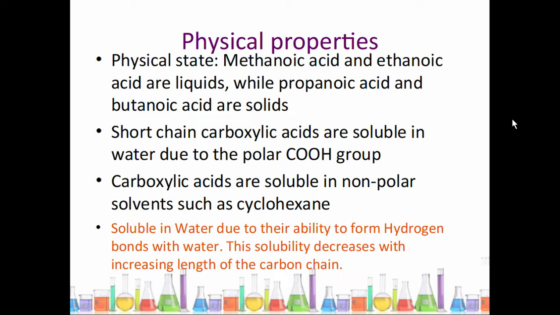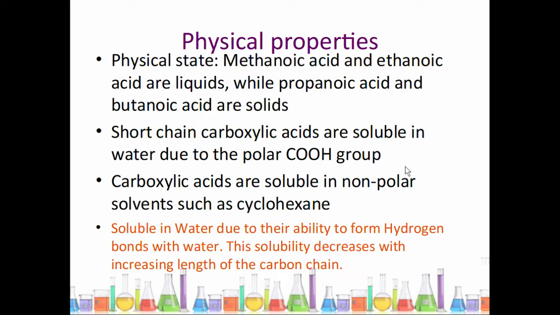Physical properties: methanoic and ethanoic acids are liquids, while propanoic acid and butanoic acid are solids. And you only need to know up as far as C4 here for these ones. So 4 carbons. So the first two are liquids, second two are solids. Short chain carboxylic acids are soluble in water due to the polar COOH group.